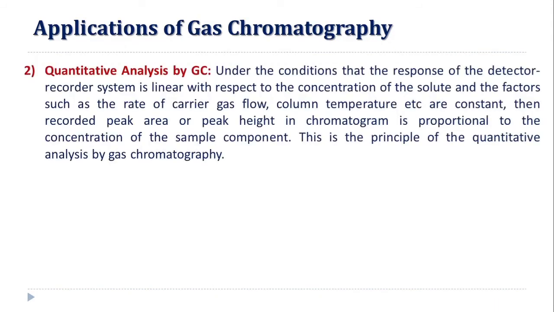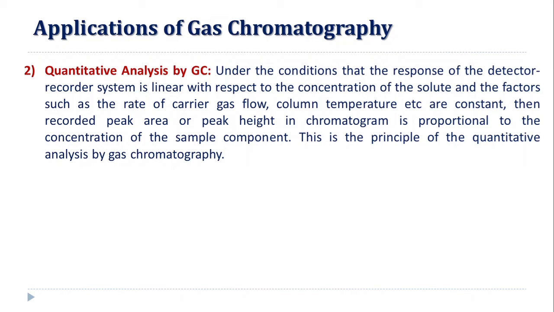The next application is quantitative analysis by GC, that is gas chromatography. Under the conditions that the response of the detector recorder system is linear with respect to the concentration of the solute, and factors such as rate of carrier gas flow, column temperature, etc. are constant, then the recorded peak area or peak height in a chromatogram is proportional to the concentration of the sample component.